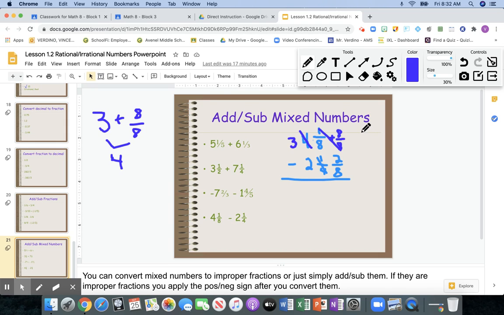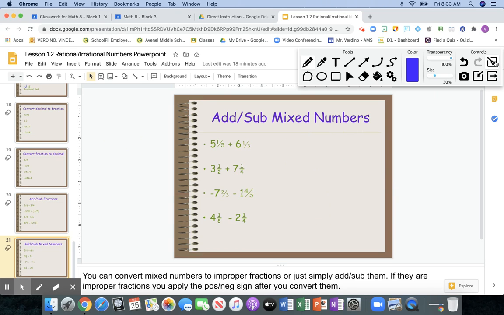This is going to be 9/8 because I borrowed. This 2 and 1/8 is still going to stay 2/8. So now I have 3 minus 2, which is 1, and I have 9/8 minus 2/8, which is 7/8. This is only when you need to borrow, and my final answer is going to be 1 and 7/8.